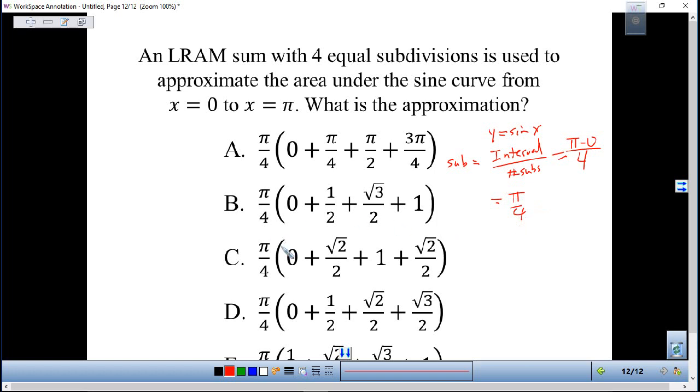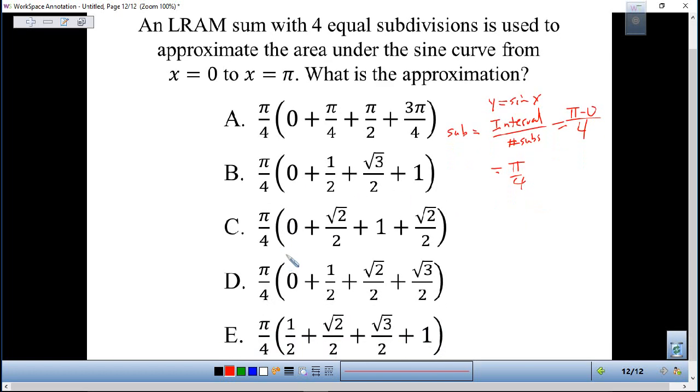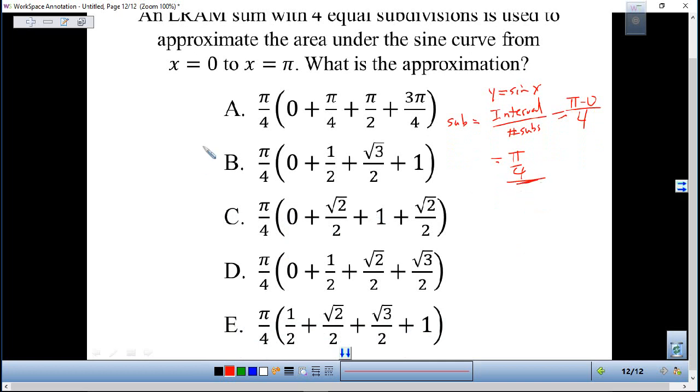So if we were looking at this, the first thing we would check, once we got to this, we would eliminate any that did not have a pi over 4 as that constant multiple. They all do, so we're not getting rid of anything there. So now, if we were to break up our x-axis from 0 to pi with equal subintervals of pi over 4, we're going to go from 0 to pi over 4.